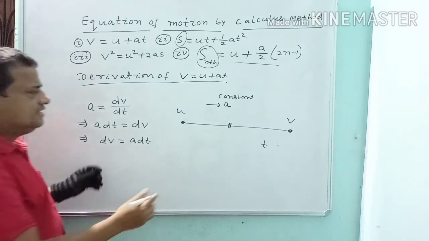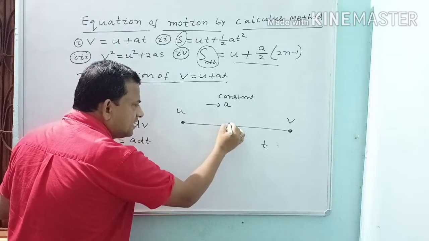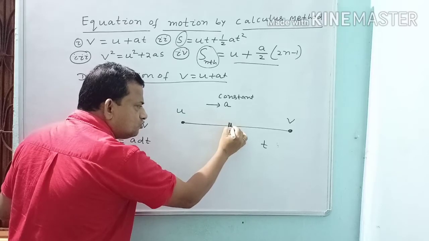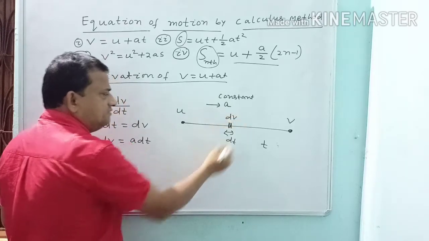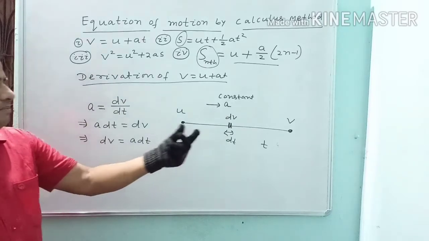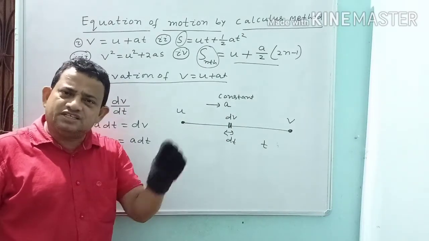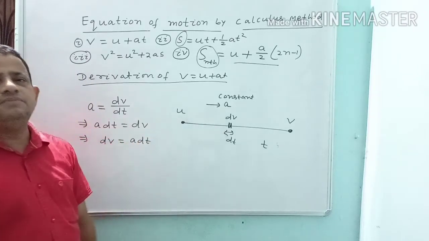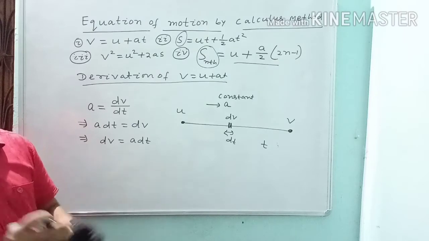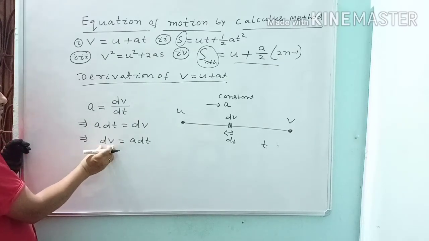It means in this dt interval, if the time interval between these 2 points is dt, the velocity change is dv. I mean between these 2 points which are very close to each other, if dt is the time interval, dv will be the change in velocity. So in dt time, dv is the change in velocity.